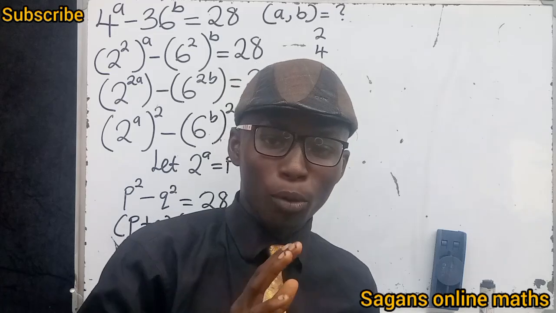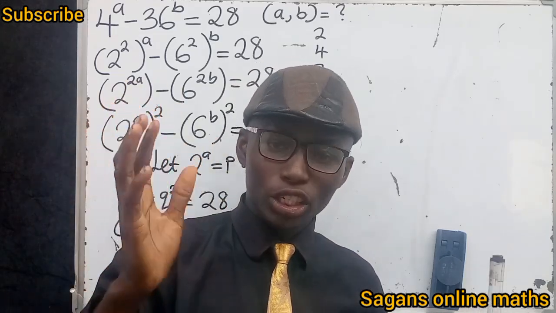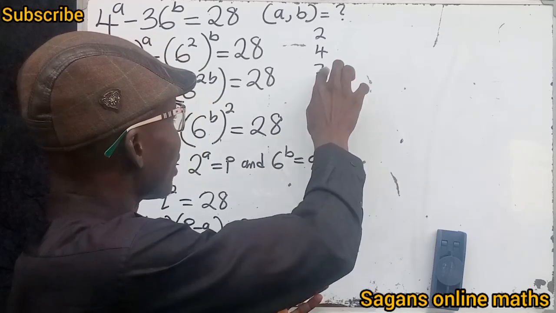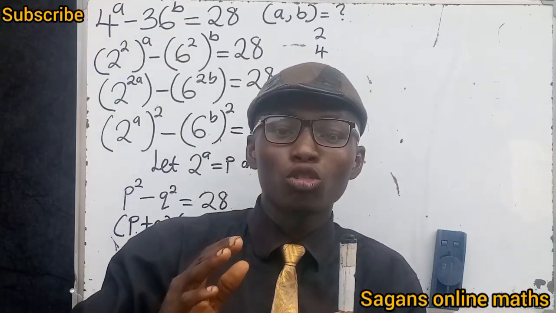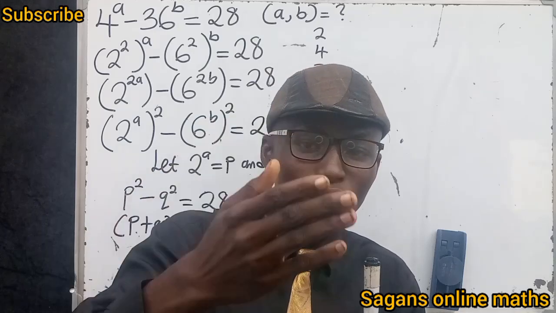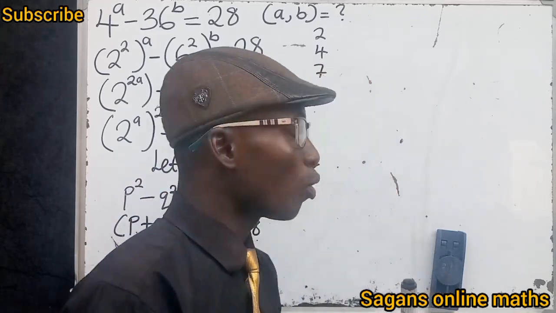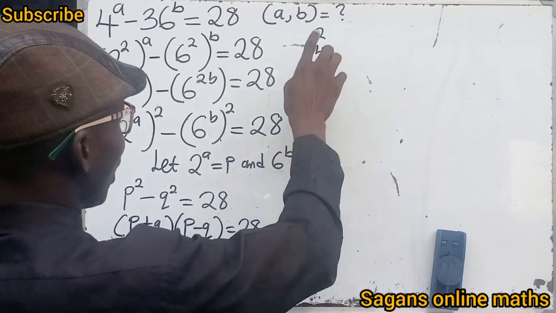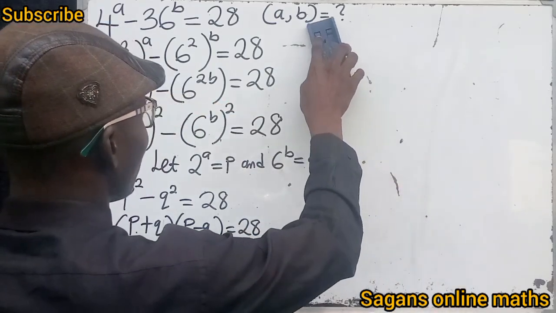If I'm using this, I will have the value of x, but it must be in decimal place, and any number that you have in decimal place, when you are substituting, you must have approximately that value that you are looking for. So what I'm going to use here is 14 and 2, so that I can have the appropriate value. Let's remove this from here.